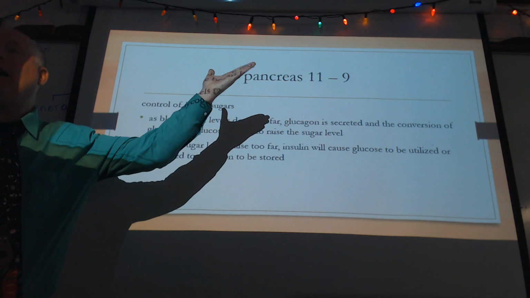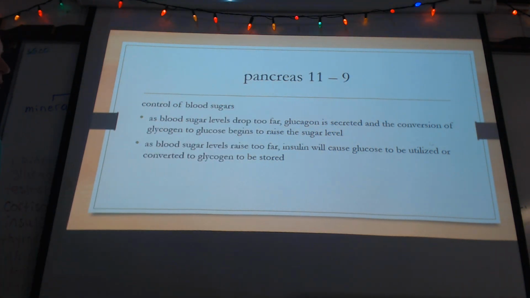And of course, it's just the opposite with insulin. Insulin begins to lower it because you're either going to start to make those long polysaccharide chains, or you're going to cause your body to burn that glucose. It's going to be one or the other.